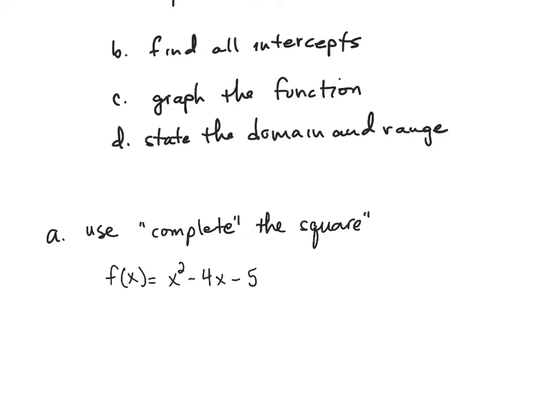So what we need to do is change this trinomial so that it's a perfect square trinomial. The problem is this 5 right here. It shouldn't be a 5. So what we need to do is move that 5. So I'm going to add 5 to both sides of the equation.